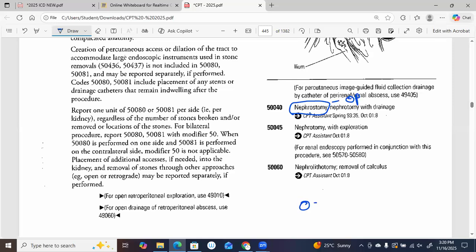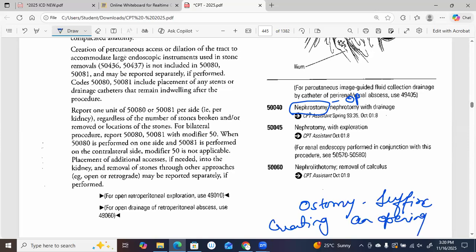Whenever you see ostomy as a suffix, that represents creating an opening. So whenever you have an ostomy word like nephrostomy or colostomy, that means there is an opening in that area.